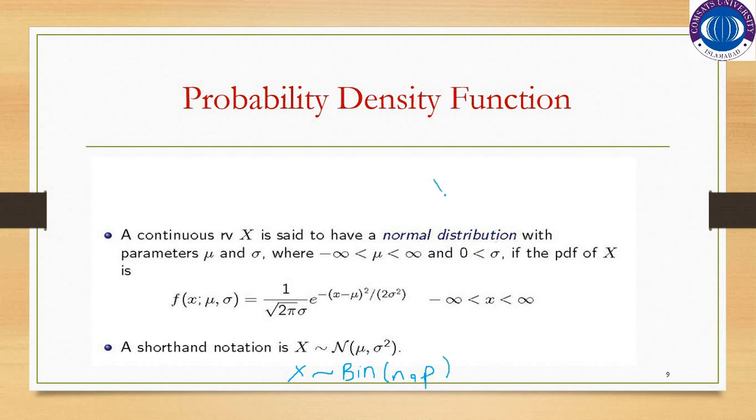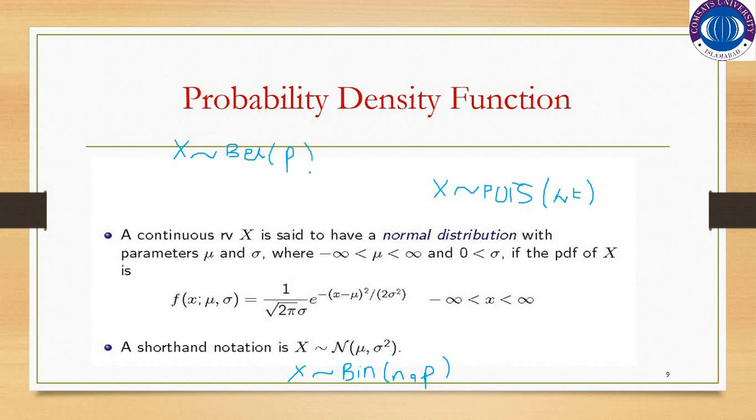Likewise, for the Poisson distribution, x follows Poisson with parameter lambda t, or for the Bernoulli trials, which have one parameter, p.